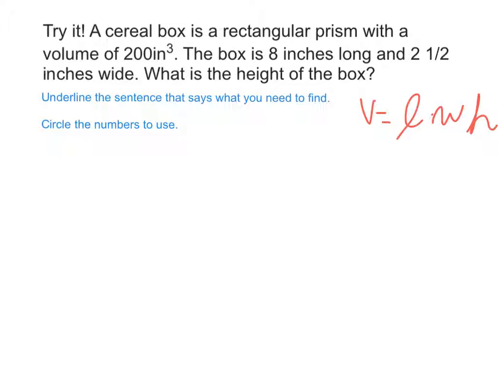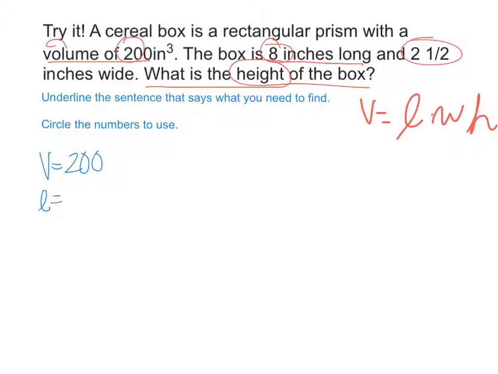Alright, so hopefully when you are solving this, you underline the sentence, what is the height of the box? You circled the numbers: your volume is 200, your length is 8, and your width is 2.5. So I'm going to write those variables to the side here. V equals 200, L, or length, equals 8, and width equals 2.5.